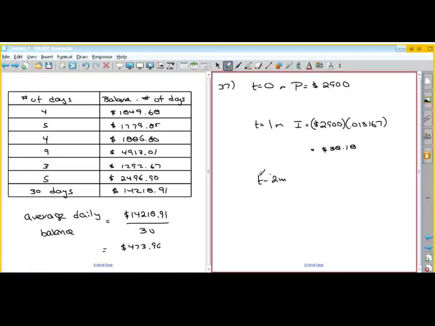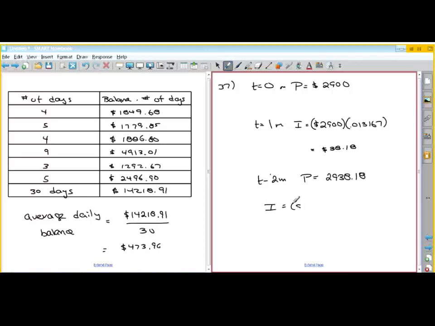Okay, now after the second month, my principal is increased by $38.18. So I'm going to have $2,900 plus $38.18. So now I have to pay interest on the new higher balance.